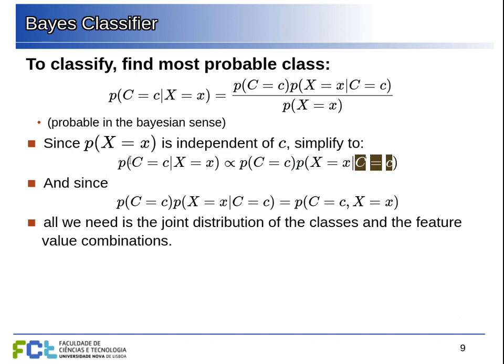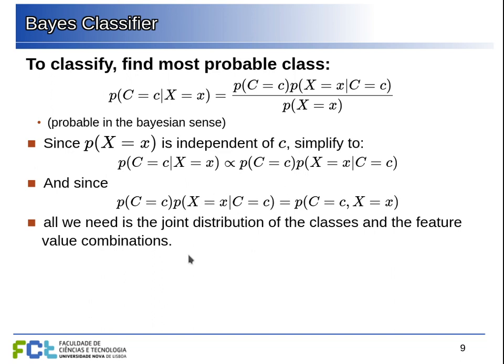And now we can check this and find for which class we have the highest value here. Now this product here, the prior probability of the class multiplied by the conditional probability of the features given the class, is the same as the joint probability of the class and the features.